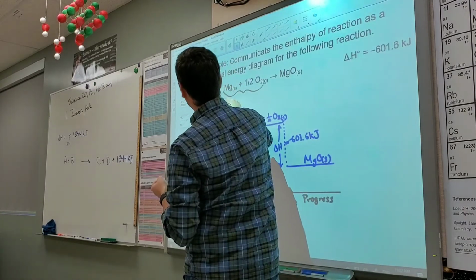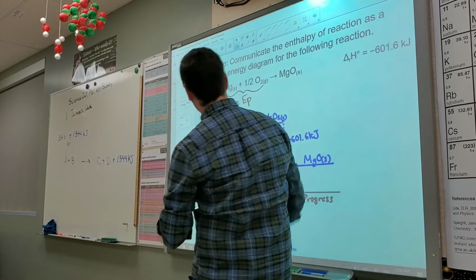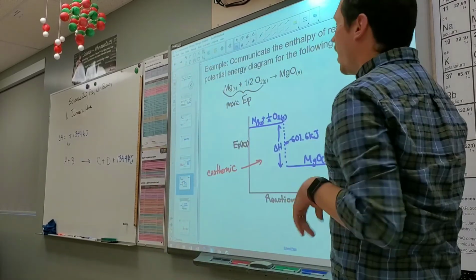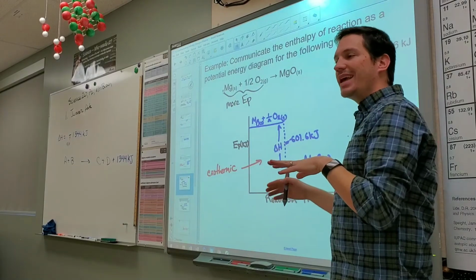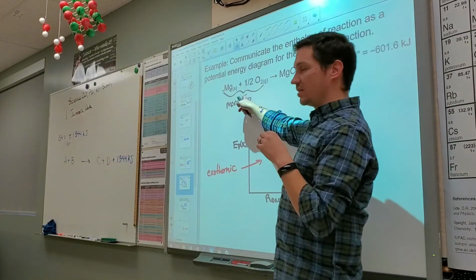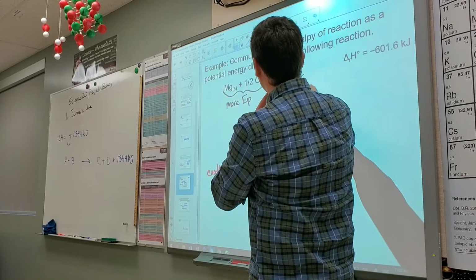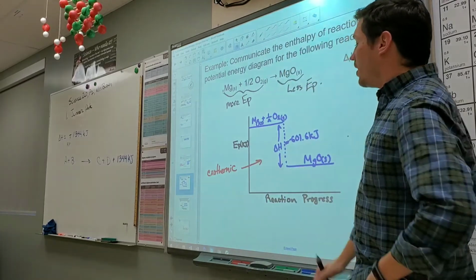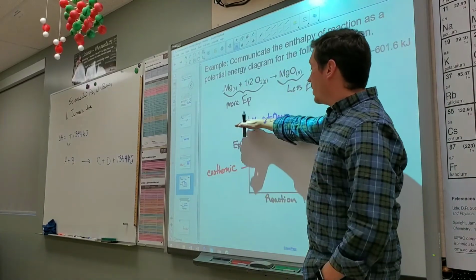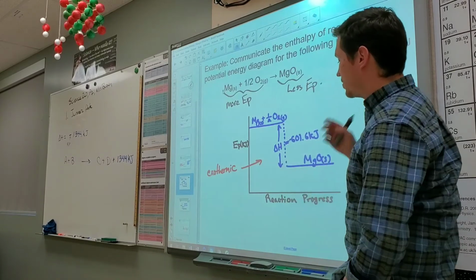This side has way more potential energy. I'm not saying magnesium oxide has no potential energy. I'm just saying it's got way less potential energy compared to this. So what's happening is we're dropping from a level of high potential energy to a level of low potential energy.